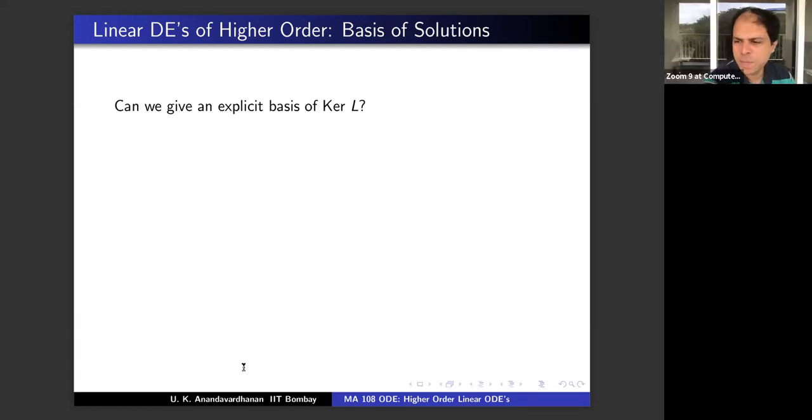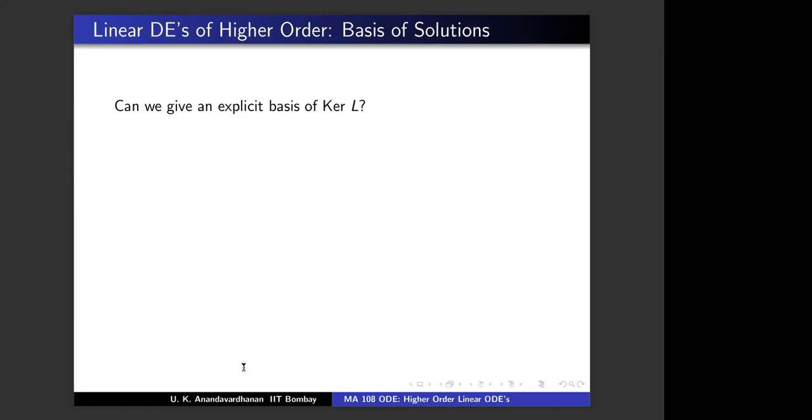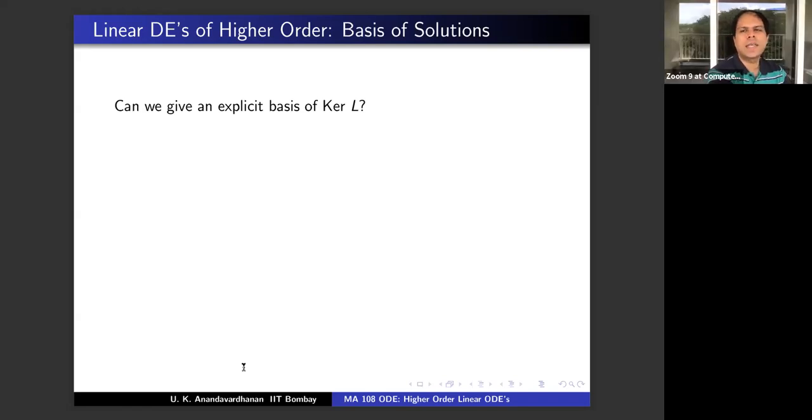How did we get an explicit basis? If it's not... Yes, go ahead. Independent. So what you're saying is, suppose you can choose a point x0 such that (f of x0, f prime x0), that is a vector in R2, and (g of x0, g prime x0), where f and g are solutions of your second order ODE.